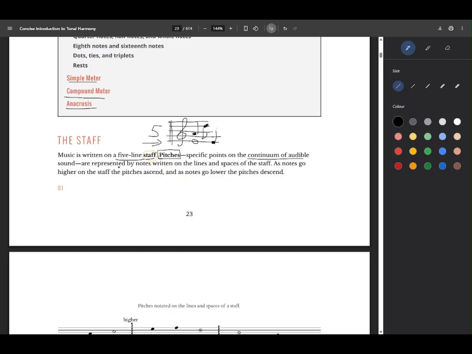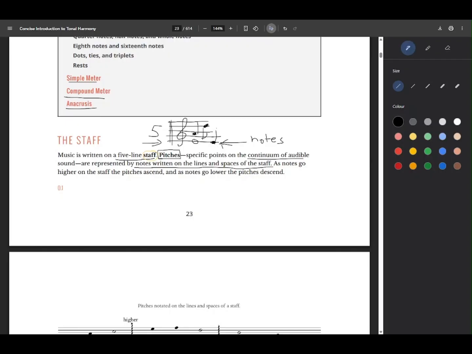Now, the pitches are represented by notes that are written on the lines and spaces of the staff. So these things here that we see, these various dots and circles with these lines, these are notes. Again, excuse my writing. These are the notes that occur on the staff.